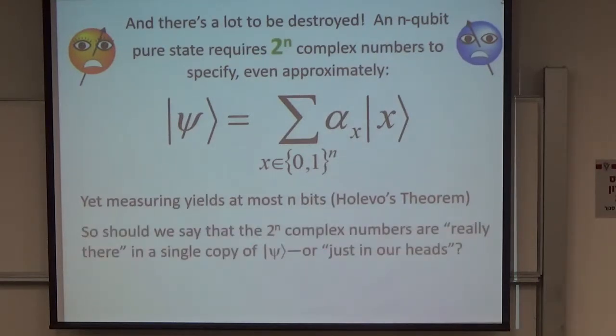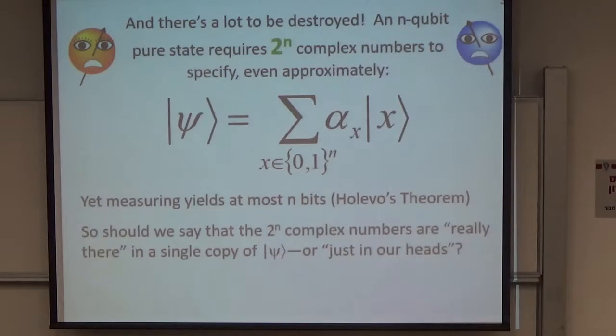So this raises almost a philosophical question. Should we say that these 2 to the n complex numbers, these amplitudes, are really there in the first place in a single copy of psi, or are they just in our heads? Are they just a mathematical description that we use to calculate what we expect to see when we measure this object that really has size n?